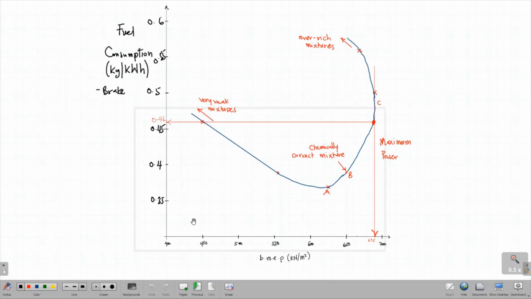The fuel consumption loop gives us a convenient method of studying the effects of air-fuel ratio upon both the power output and the fuel consumption from the viewpoint of the engine user.